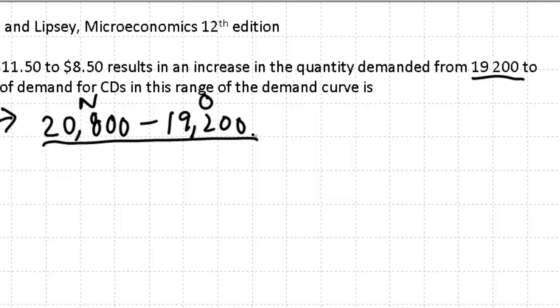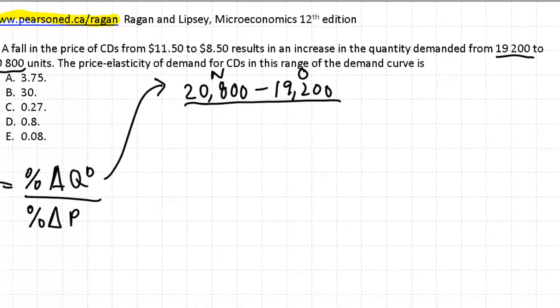And it's divided by the average. So we divide by the average, and this is what we call either the average value formula or the midpoint formula, depending on which book you have. Some textbooks will call it the midpoint formula, some will call it the average value formula. We'll just open up our calculator.